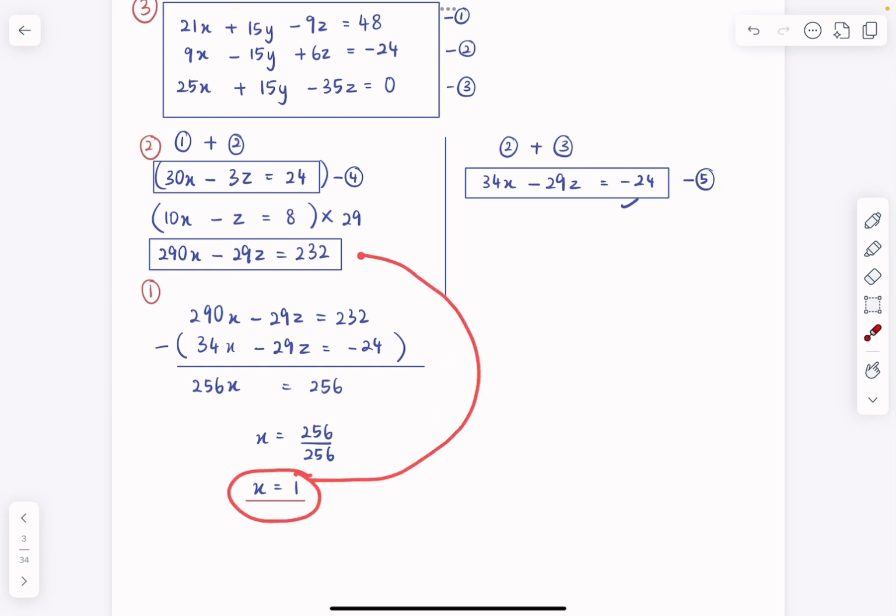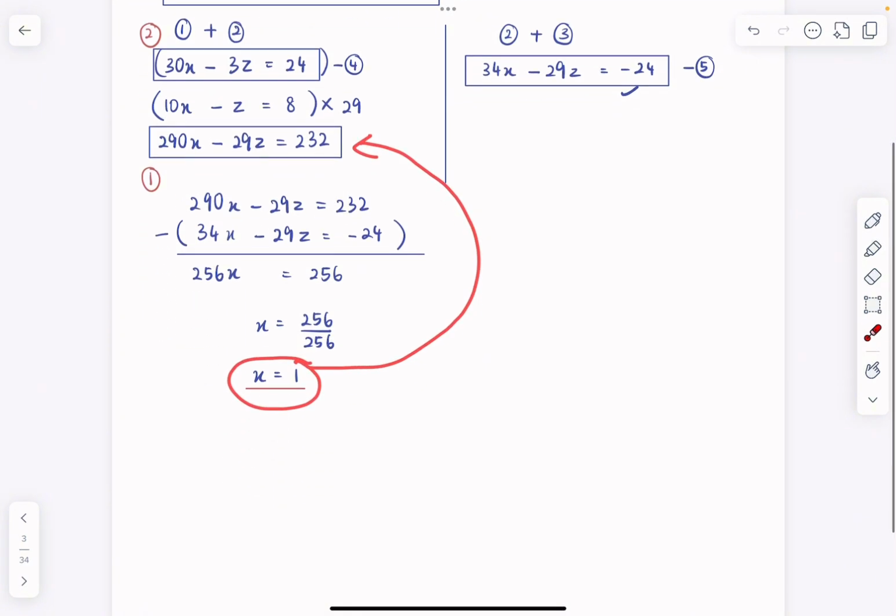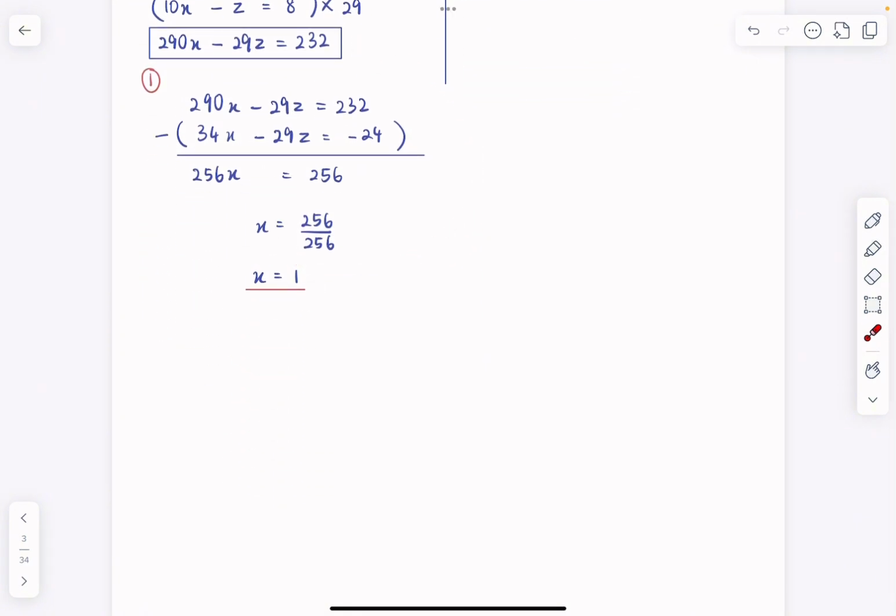Okay, let's just choose this equation lah. 290x minus 29z equals 232. So this will become negative 29z is 232 minus 290.